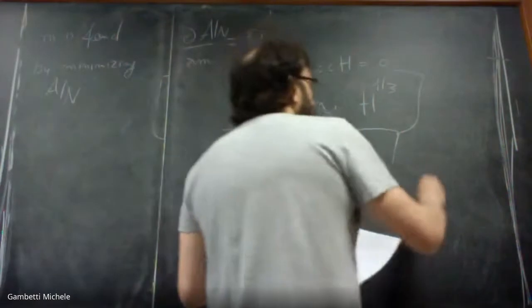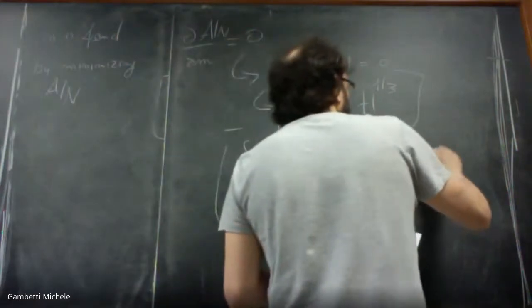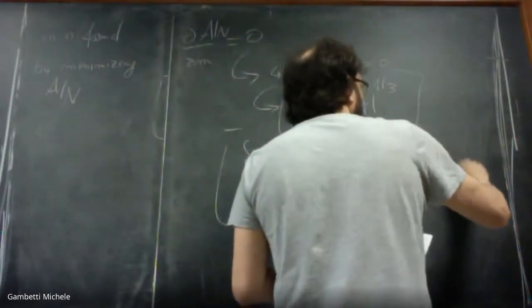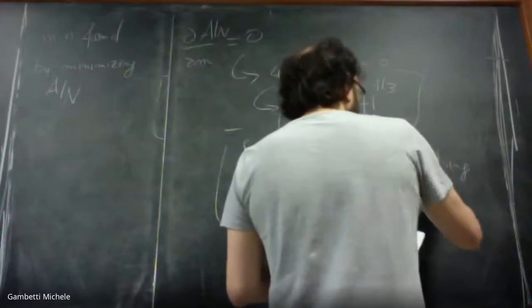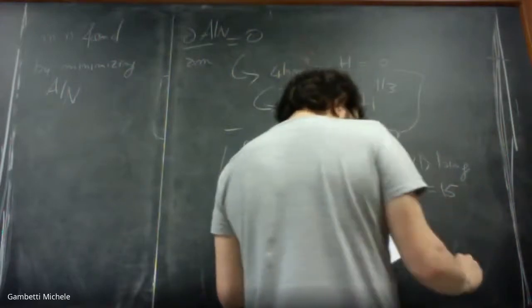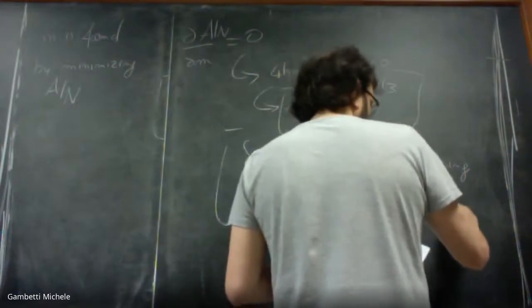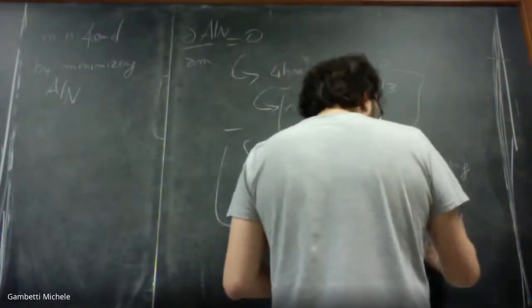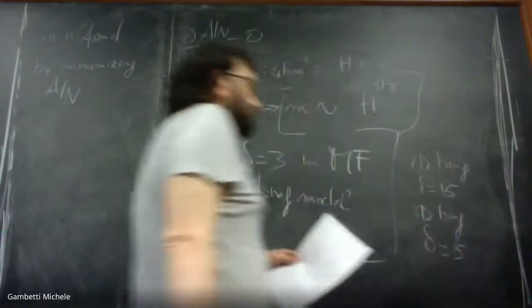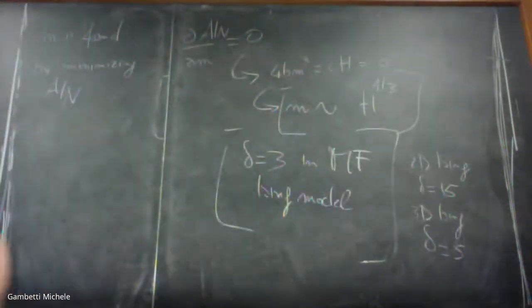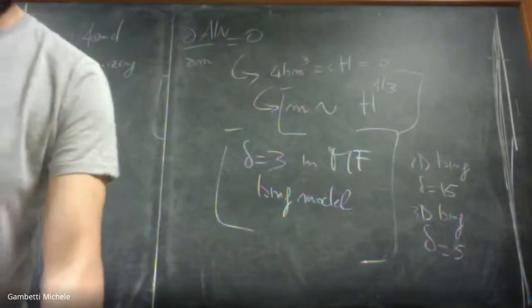Again, just to mention the result in two-dimensional Ising, delta is 15 in this case, whereas in Ising 3-dimension, delta is equal to 5.